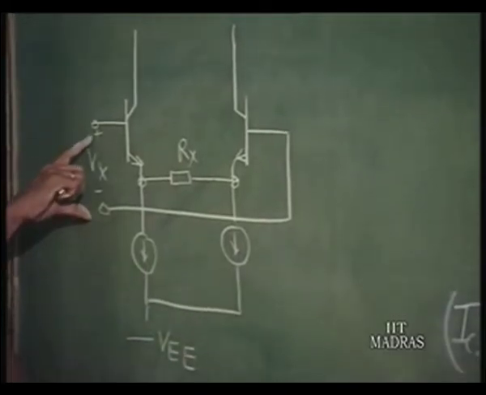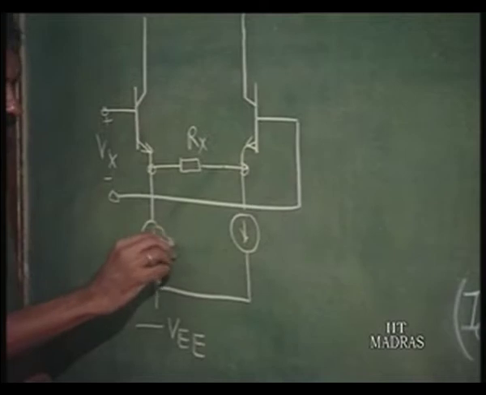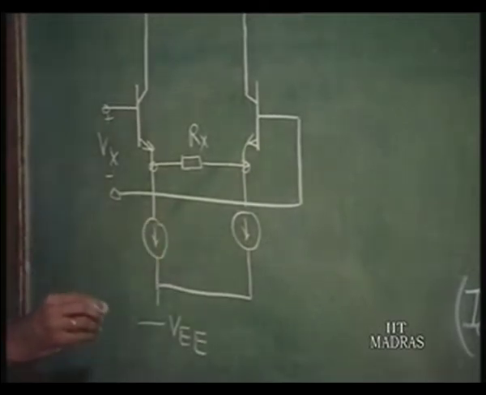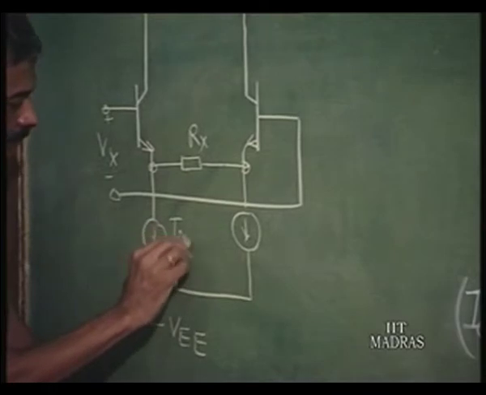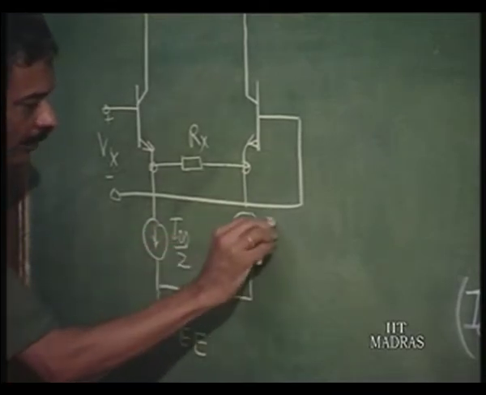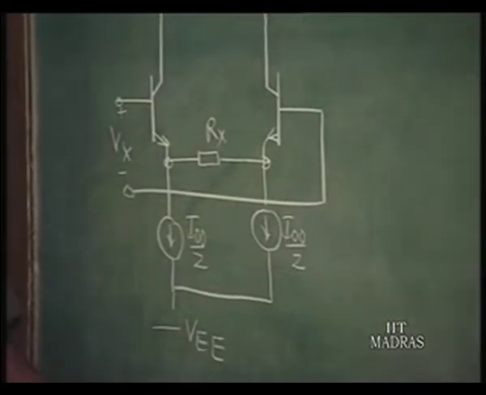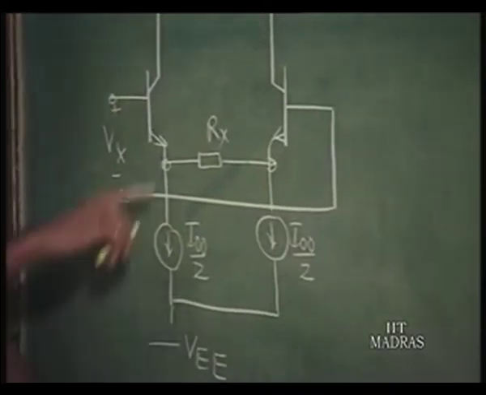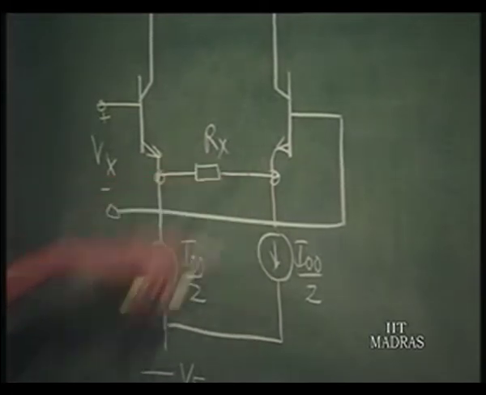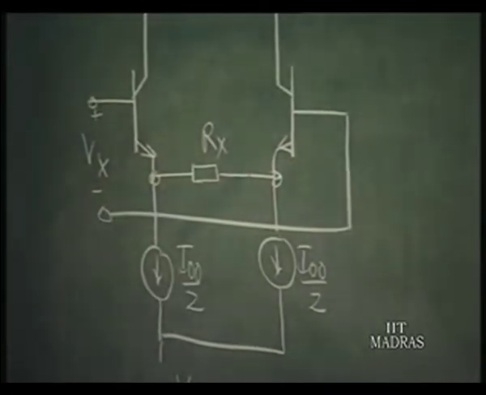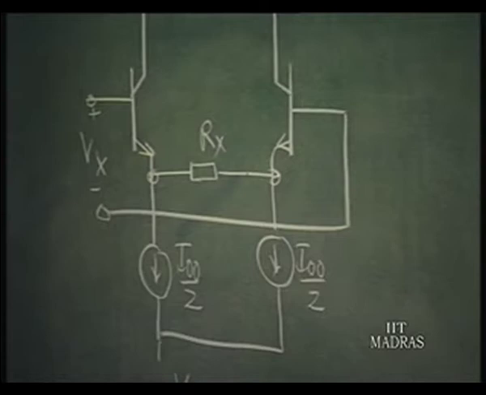Vx is the input. We have here a current which is going to be, let us say, I naught naught by 2. That is the common mode current, constant current, and this is linking the two emitters. You have a resistance Rx. So, what happens now?